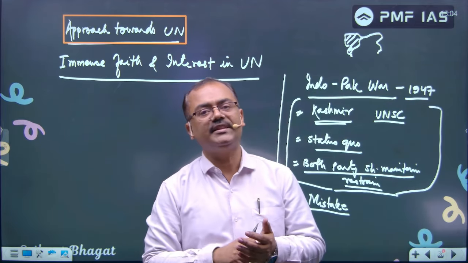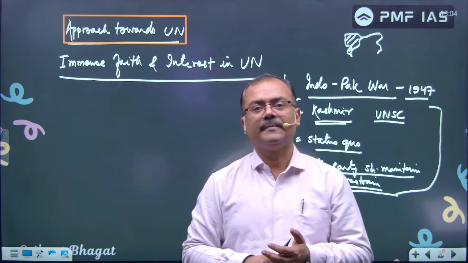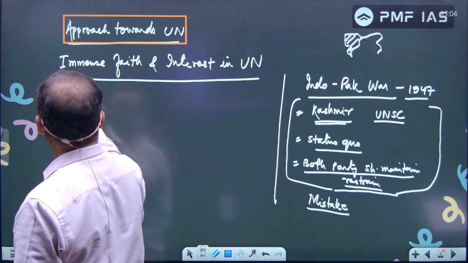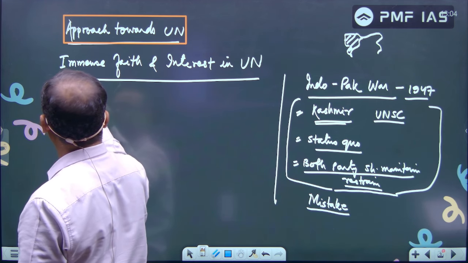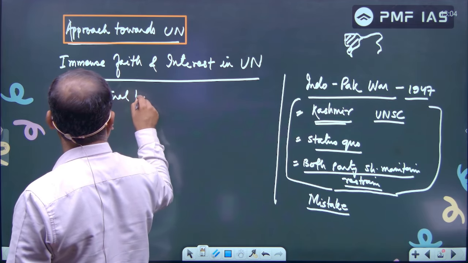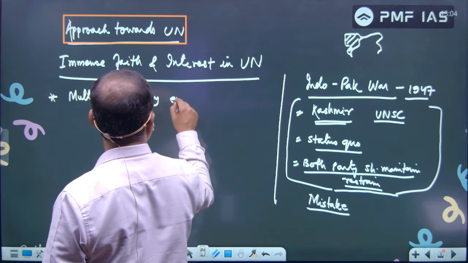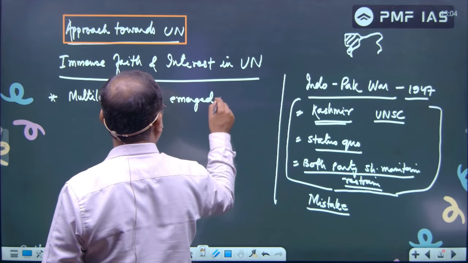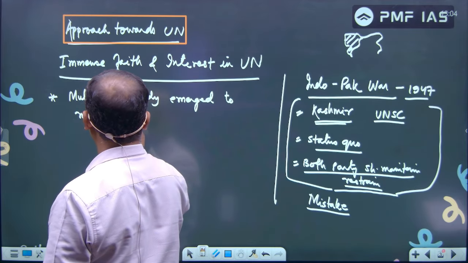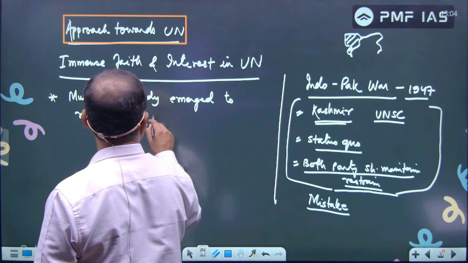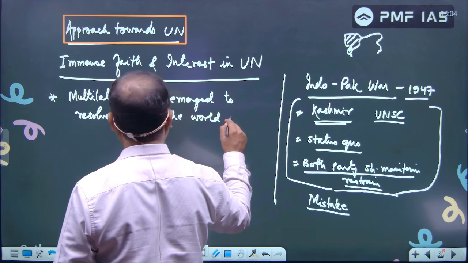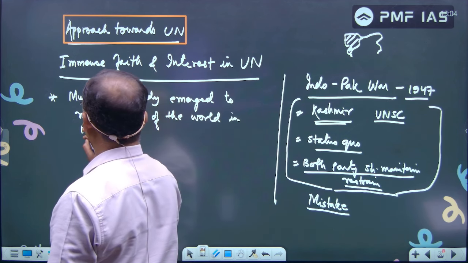Why did Nehru have immense faith in the UN? The first reason was that it was a multilateral body that emerged to resolve issues of the world in a balanced manner.